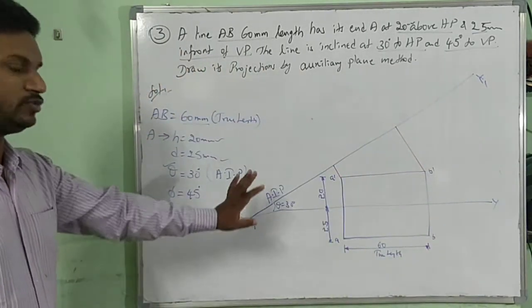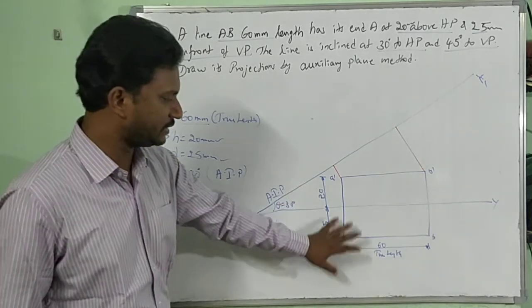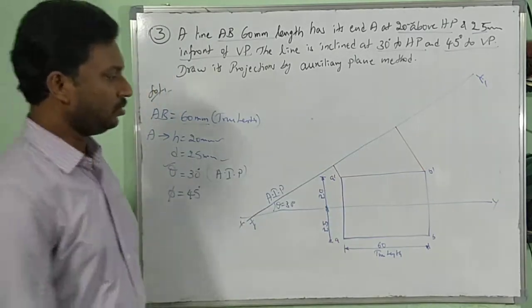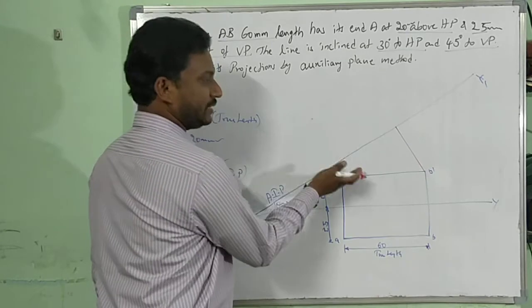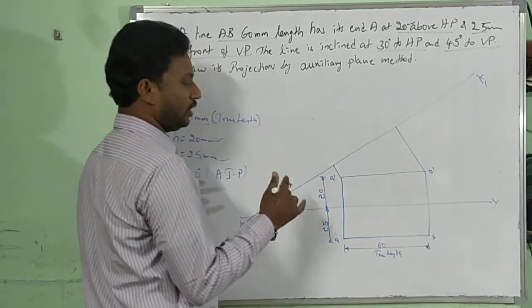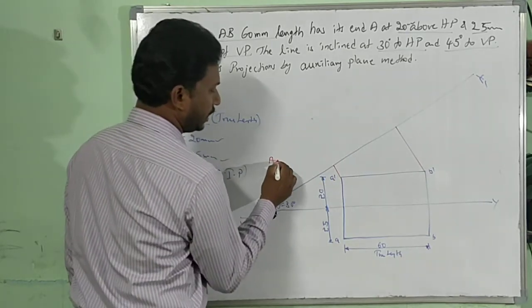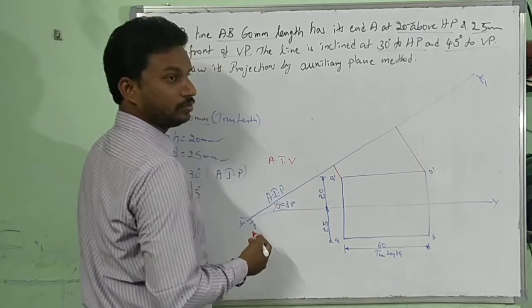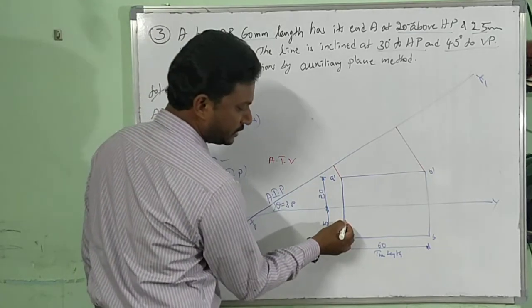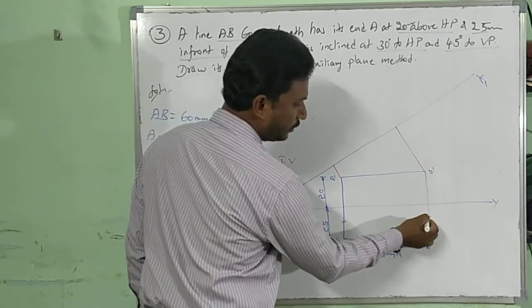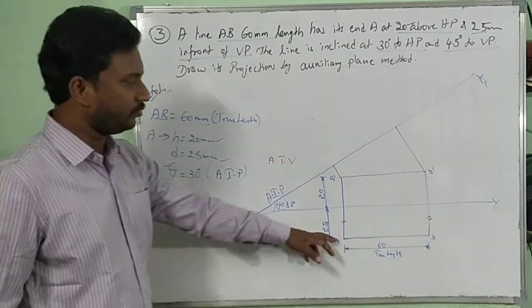Like the first problem I am solving. 30 degrees, 60, 25 here. Now we are supposed to extend this above X1, Y1 for what view? Auxiliary top view. Of what distance are we supposed to extend? Whatever the top view distance is, that we are supposed to extend.